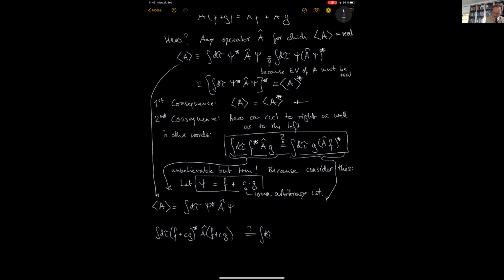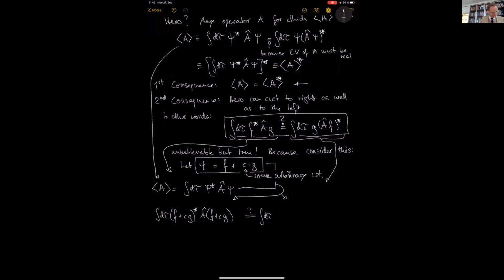So using this and using this expression for psi, I can combine these two to obtain the expression to the left and the right here. Okay, I'm sorry, I forgot about that step in between. We need to keep that in mind.